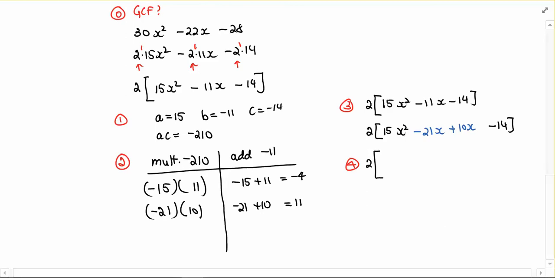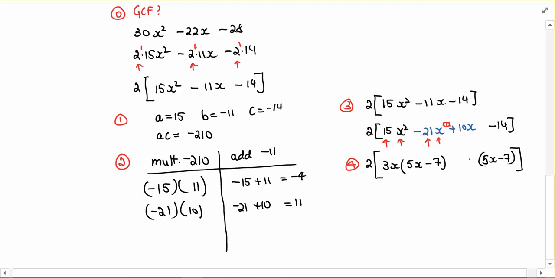So I look between the 15 and the 21, there is a 3. So I can write a 3. And then between the x squared and the x, there is an x. So that leaves me with 5x minus 7. And I know that over here I must get 5x minus 7.